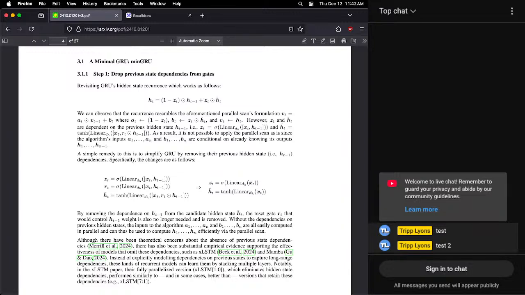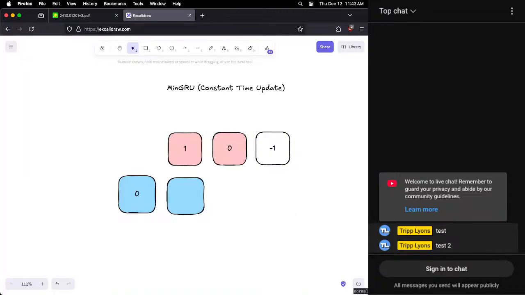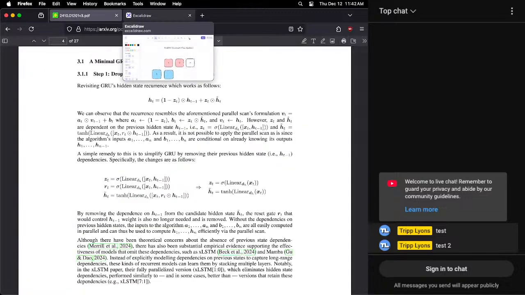Wait, maybe the Z is definitely the weighting. I guess this is just the new content, yeah. Linear in the, okay. This is going to be, let's call it H tilde.